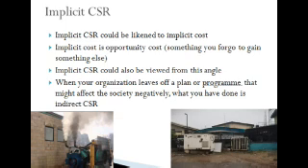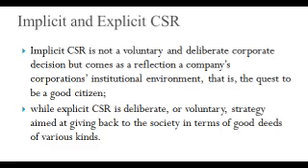Here's a typical example of a company's performance on implicit and explicit CSR. A bank in Nigeria was reported to have donated 1 billion naira to the federal government for the fight against the COVID-19 pandemic. Shortly after, it was reported that the same bank wanted to sack staff or even cut staff salary.